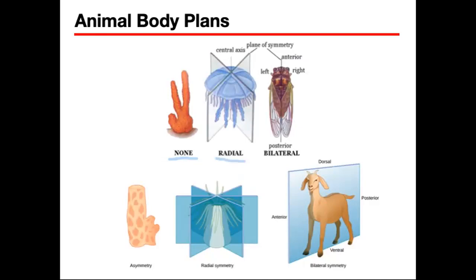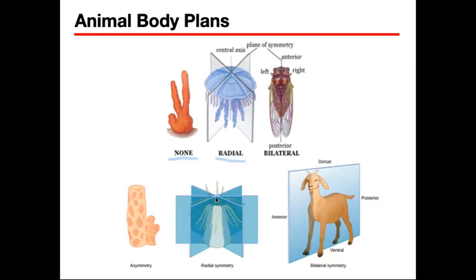So radial symmetry basically means that the array of body parts is throughout a central axis. So if you have a central axis, like in this case of a jellyfish, or hydra right here, no? If you draw an imaginary central axis and you cut it like a pizza, you get equal parts.